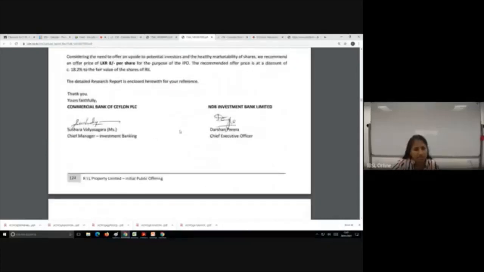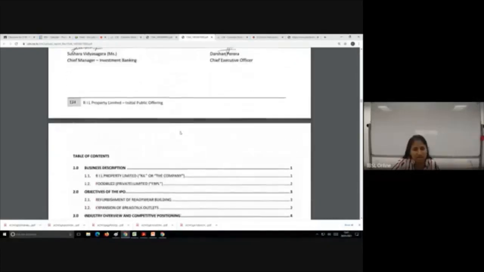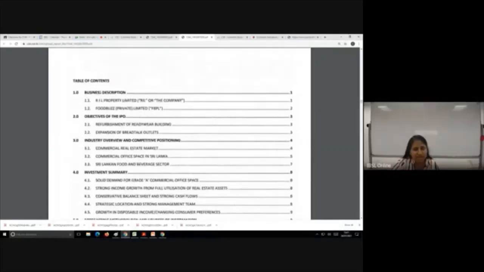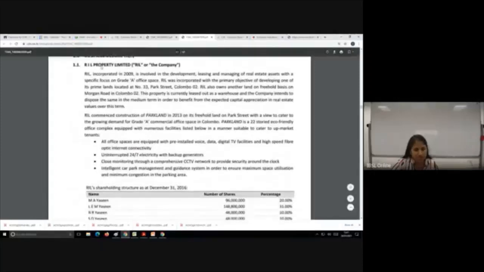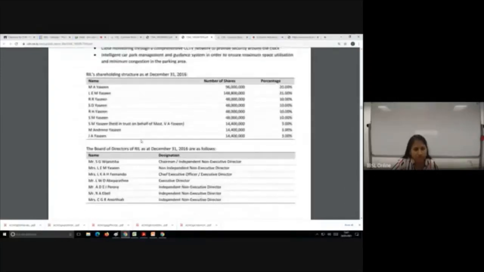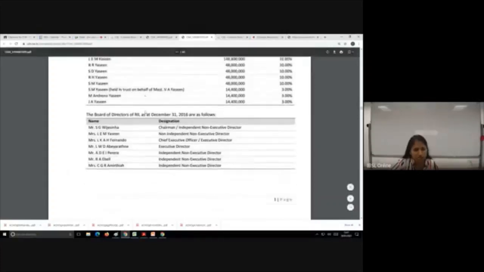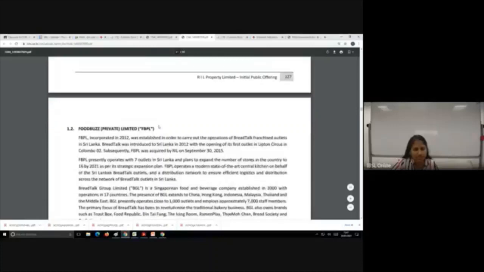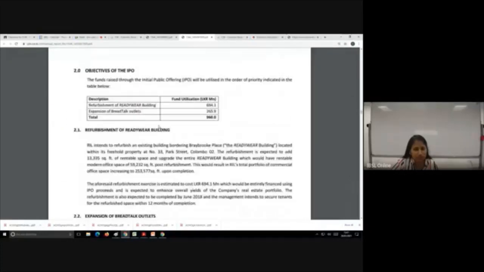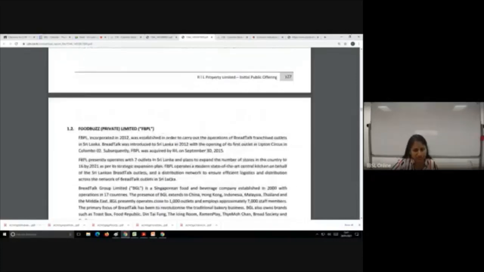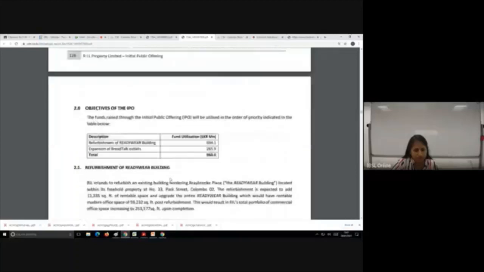And with that, you can see they have done the entire analysis, the research report in detail. All these objectives have been identified and analyzed in detail. See the business description, who the current shareholders are, who the board of directors are, what subsidiaries are involved, what the objective of this entire issue is. All of this is specified here. Here you can see they require 960 million.